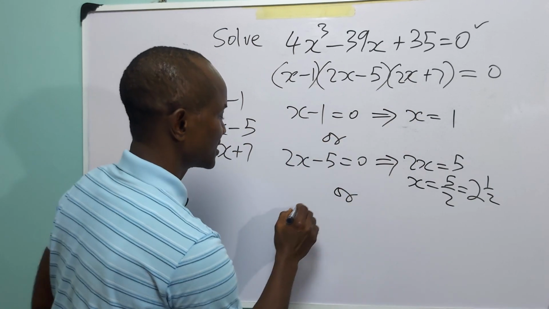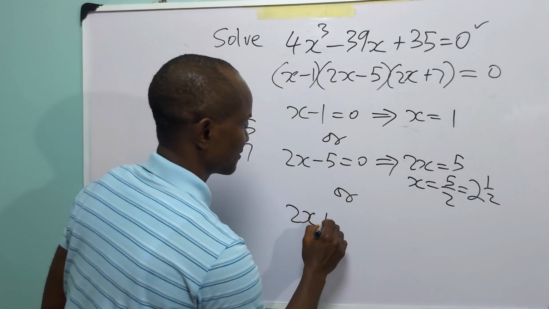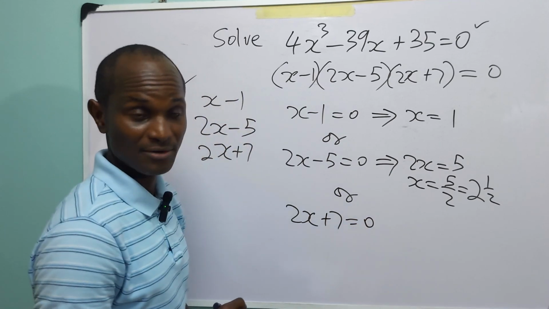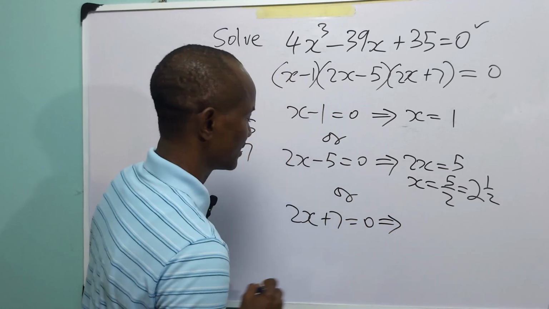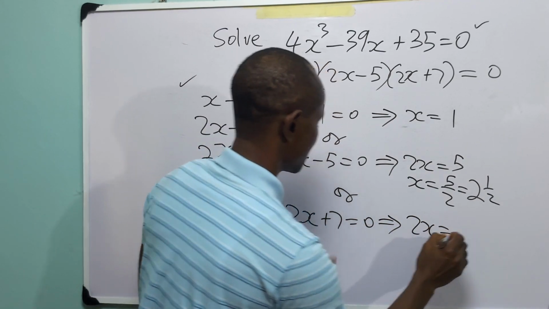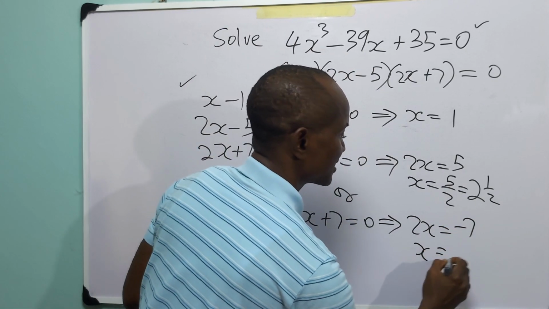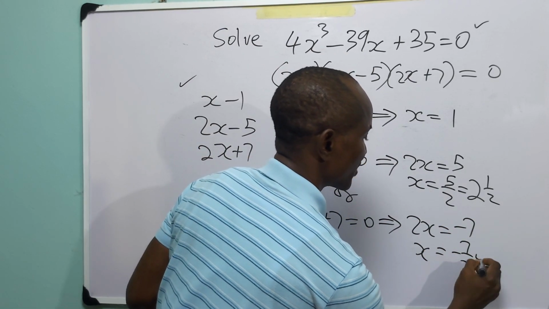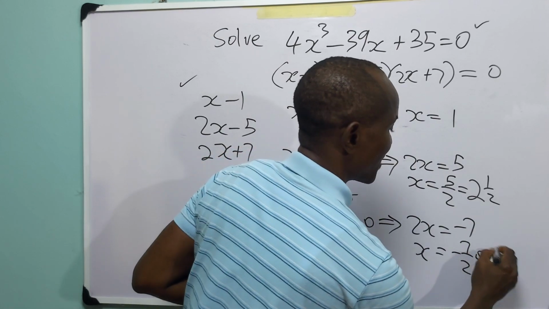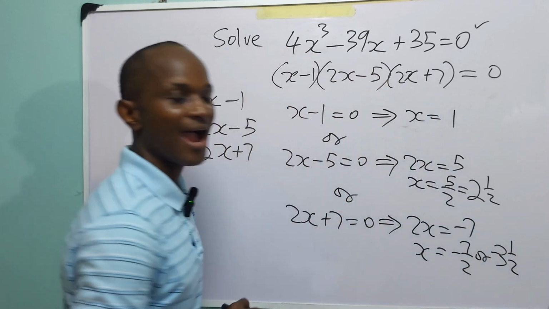Or in the third case, 2x plus 7 is equal to 0 and 2x is equal to minus 7, giving us that x is equal to minus 7 over 2, or minus 3.5.